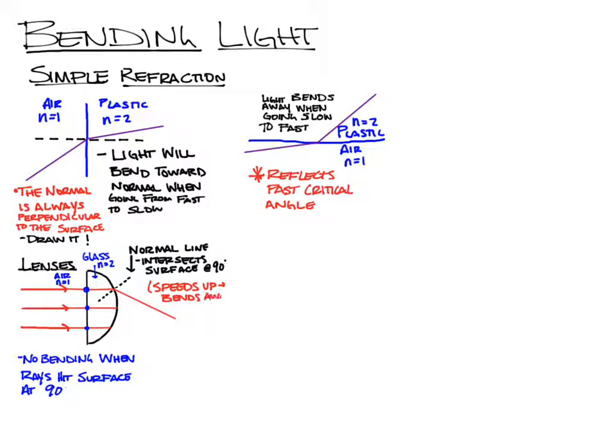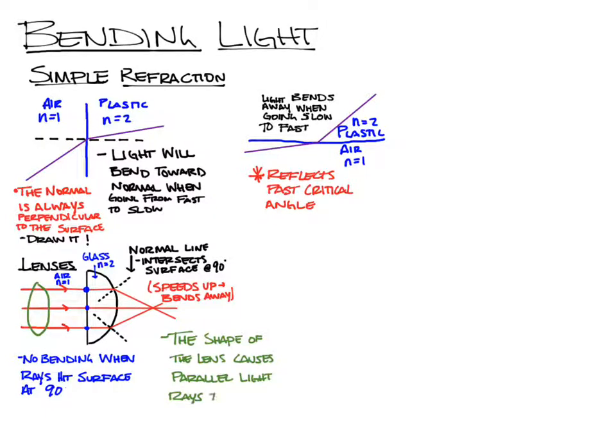We're using that same idea that we've done in refraction. We're just looking at how it bends away. The same thing is going to happen for the bottom line. It's going to bend away from the normal. And then that middle line doesn't do anything because, again, it hits the surface at 90 degrees. There's no bending going on. So, for this particular lens, this shape causes light rays that are parallel to converge at a point.